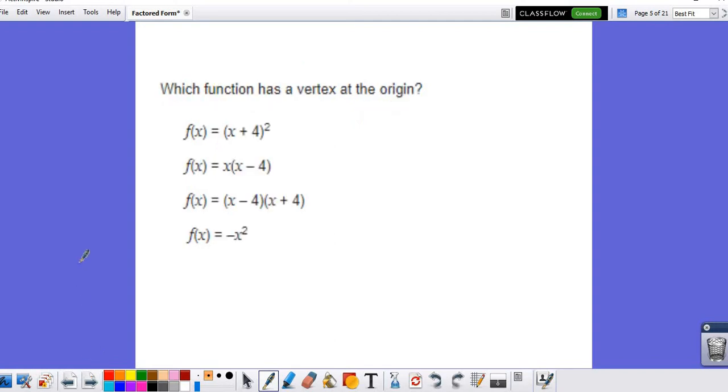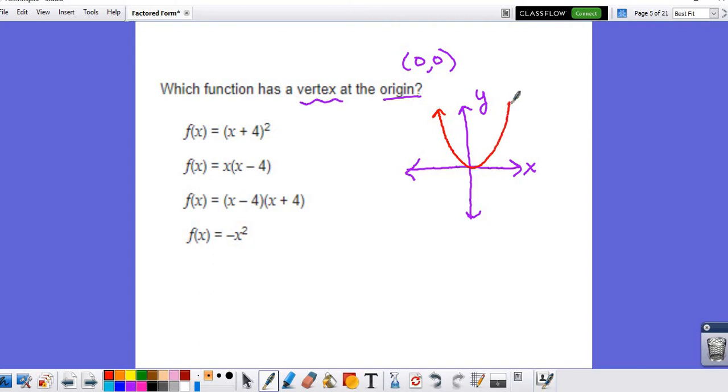Okay, which function has a vertex at the origin? The origin is your 0, 0. So let's start by drawing the x and y axis. If I draw my x and my y, and I were to graph an equation, the vertex, the middle point, would be at 0, 0.